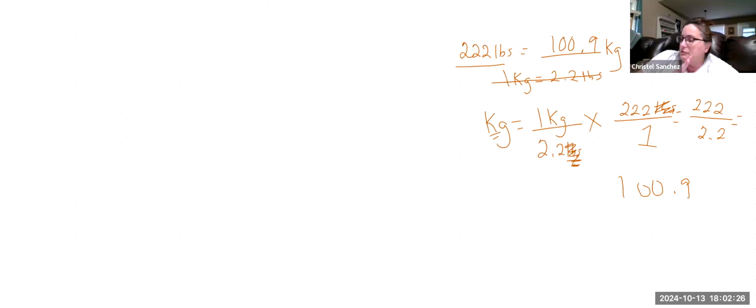You're going to have 2 problems like what we just did. One of them is going to be kilograms and pounds, and one of them is going to be milliliters and liters. You're only going to have 2 of them on there. But you still have to know all those other conversion factors, right? Because you're going to have 13 on those that you're going to have to write what they are.